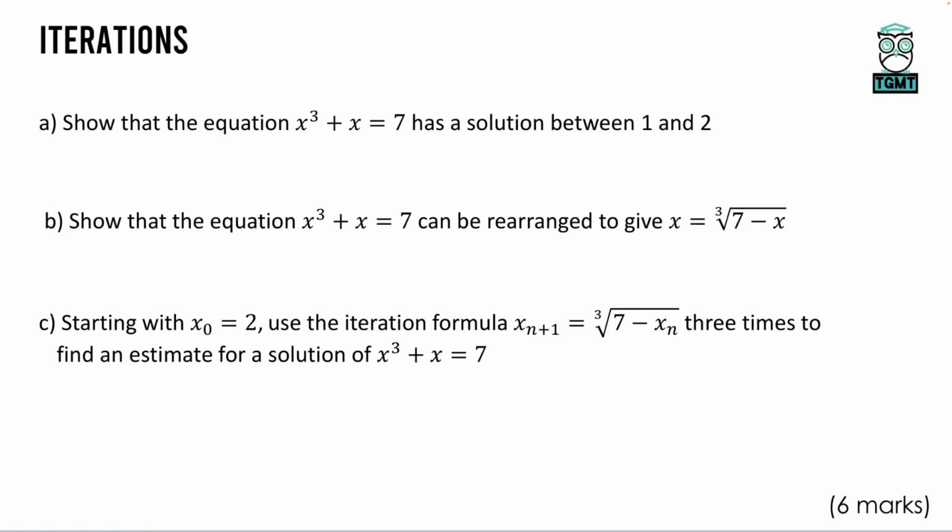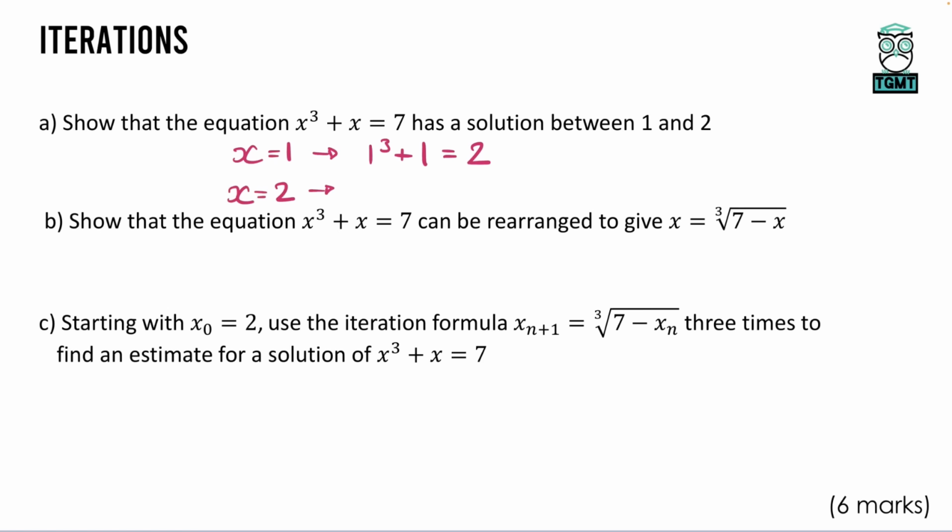Now a solution here is a value that we can substitute in place of x, which would give us the answer 7. So if there is a solution between 1 and 2, what if we substitute 1 into x cubed plus x? It should be smaller than 7. And if we substitute 2 in place of x, it should be greater than 7. So if we substitute them in, when we put x equals 1 in, we get 1 cubed plus 1, which is equal to 2.